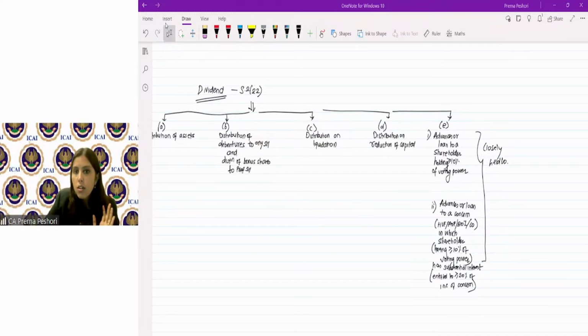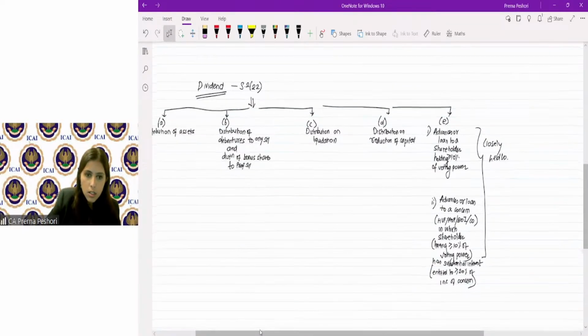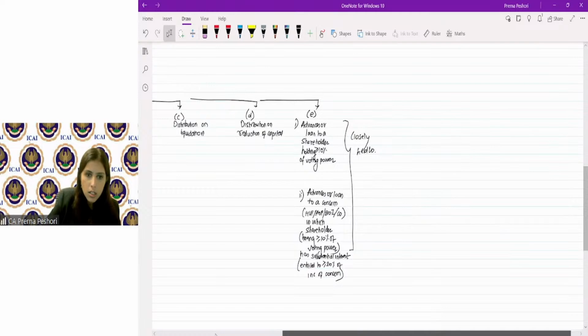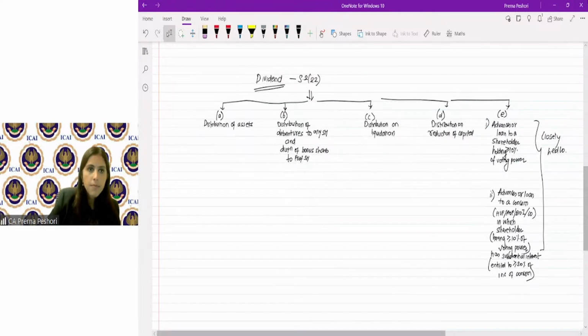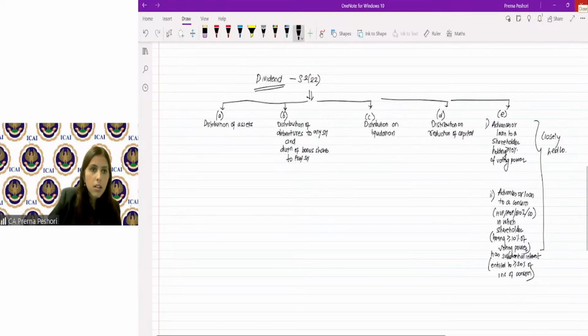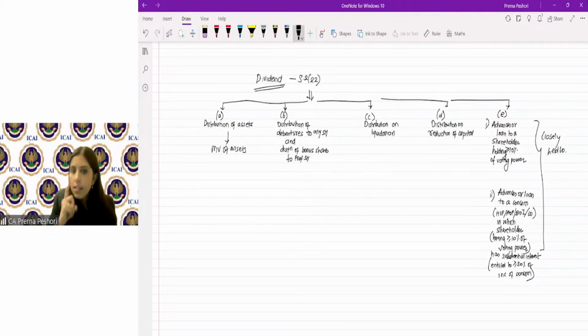So when the assets are distributed, the market value of such assets will be deemed to be the dividend. So you can write it over here: market value of assets.